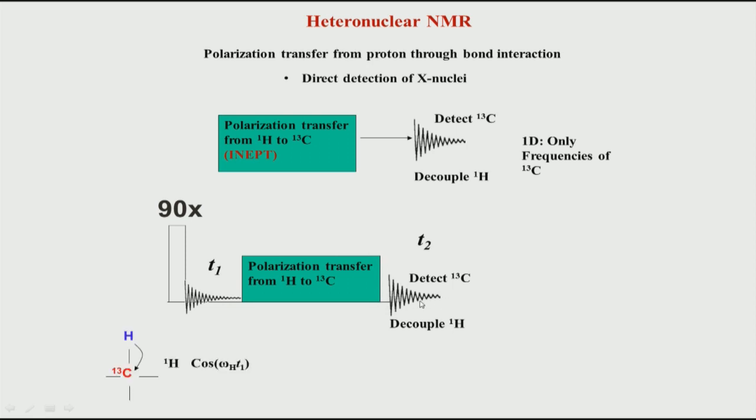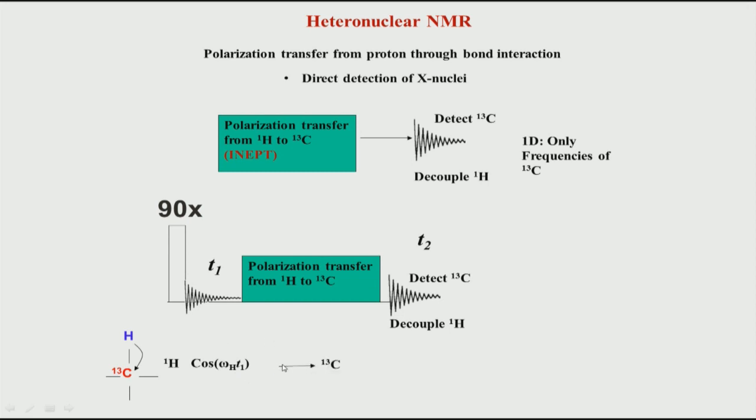Now if you look at it mathematically, what has happened is the following: you start from proton and transfer the magnetization. We apply a proton pulse first, which gives me a frequency of proton during evolution, denoted by cosine omega H t1, where omega H is the chemical shift of the hydrogen.